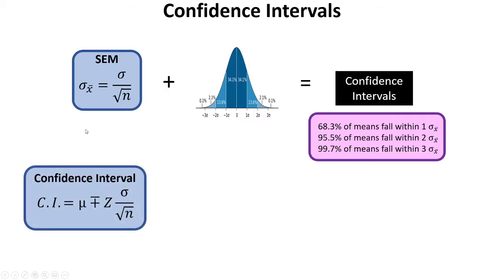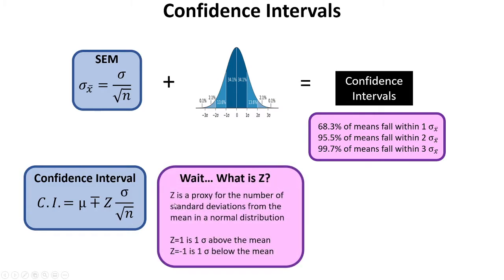And so if we look at this equation, the confidence interval here is going to be the population mean plus or minus z times the population standard deviation divided by the square root of n, right? So what is z? z is just a proxy for the number of standard deviations from the mean in a normal distribution. So if z equals 1, it's 1 standard deviation above the mean. If z is negative 1, it's 1 standard deviation below the mean.